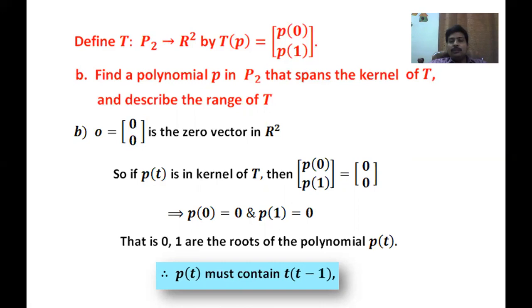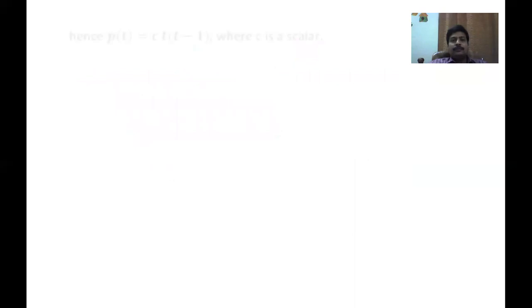If 0 is a root, t is a factor. If 1 is a root, t minus 1 is a factor. So since 0 and 1 are the roots of the polynomial, t and t minus 1 both are the factors of the polynomial. So the polynomial p(t) must contain t times (t minus 1) since both are the roots. Hence p(t) must be in the form of c times t times (t minus 1), where c is a scalar.